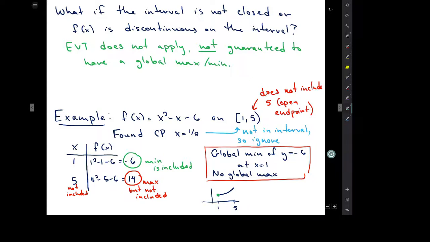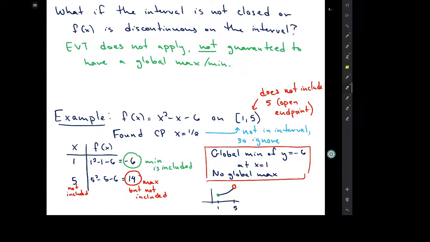That's obviously not y equals -6, so my picture is not drawn to scale. But at x equals 5, I have this maximum value, but it's not included. It's an open dot. And so we do not actually have a global maximum on this open interval because I'm missing that endpoint. So again, if your interval is not closed, you might be missing a global min or max, and this is one of the ways in which that can happen.